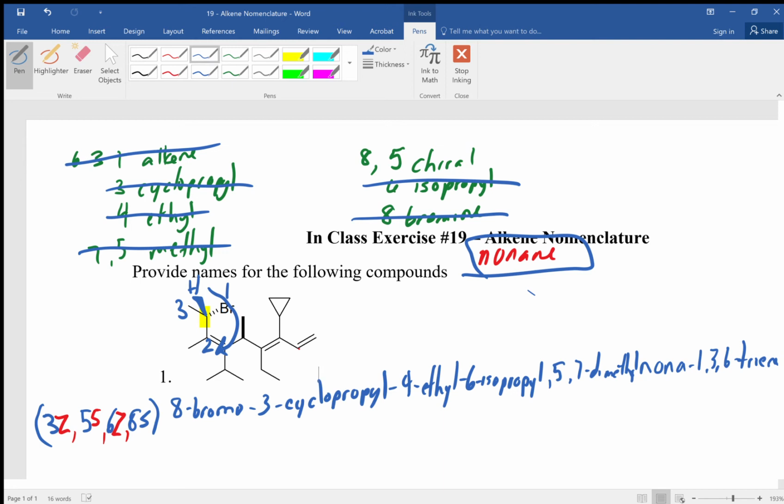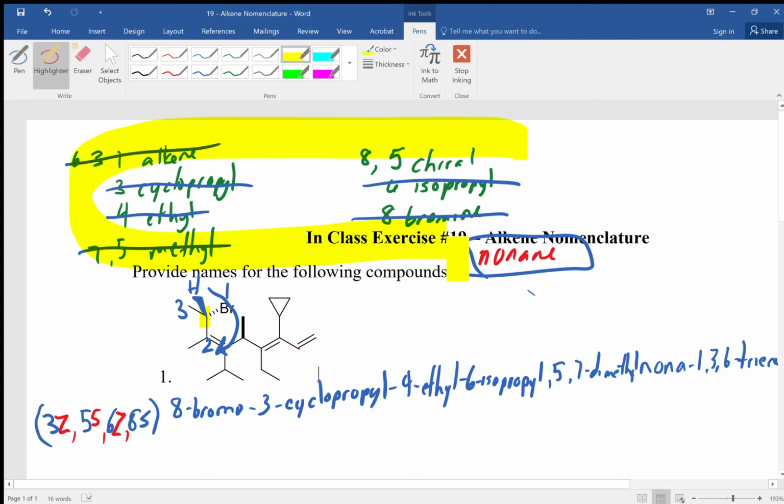Very involved in a name like this, but really it's just a matter of going step by step, being careful as to how you go through this, and make sure you don't leave anything out. And so that's why I find that, when you've been doing this for years and years, you might not need to make a list like this.